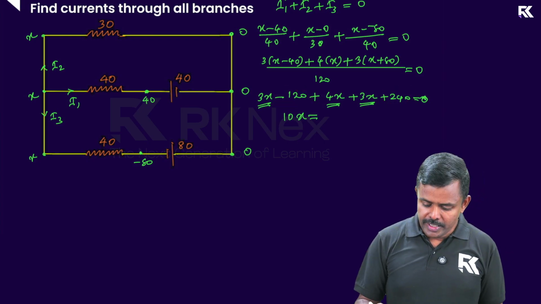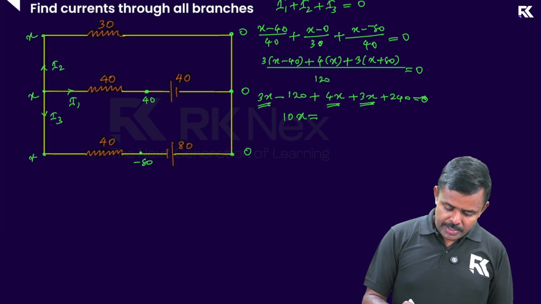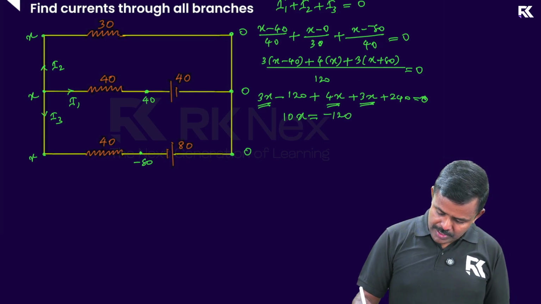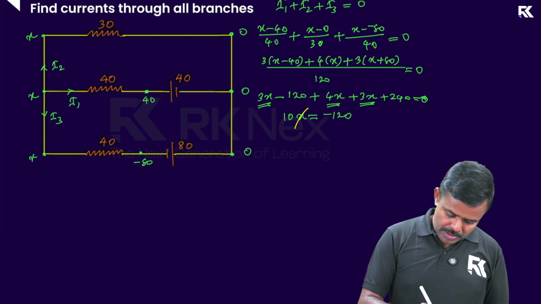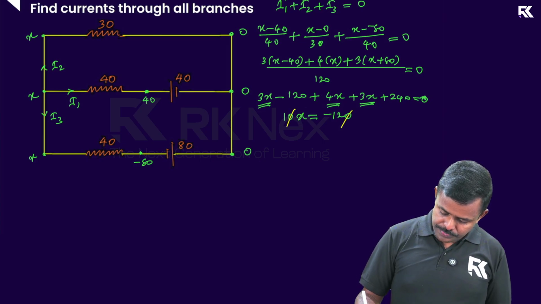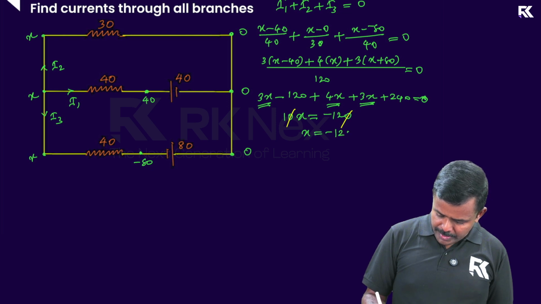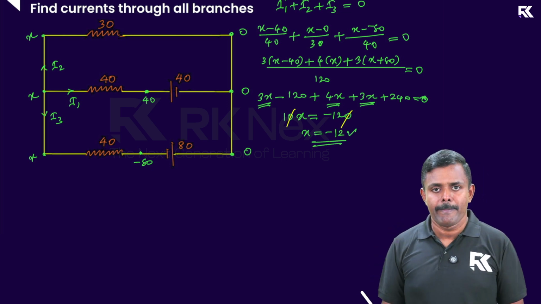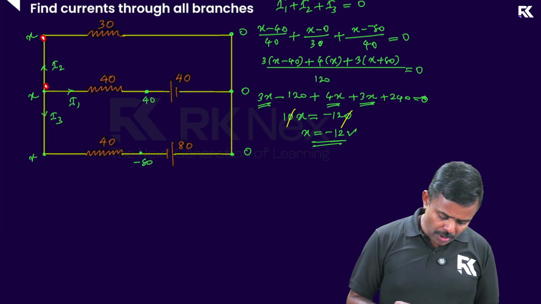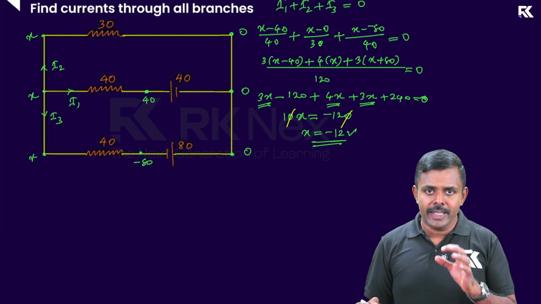It is 120, that goes to the right side to become minus 120. And if I cut zeros on both sides, I'm getting X equal to minus 12 volts.